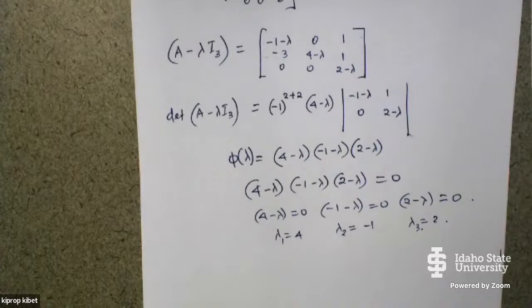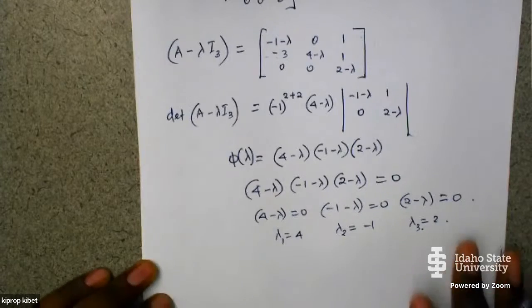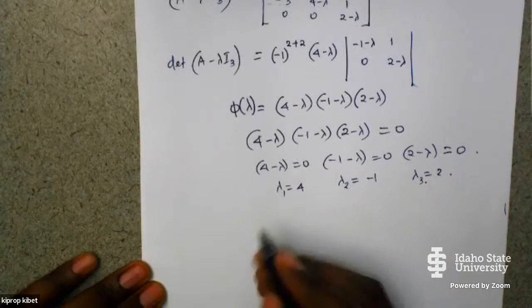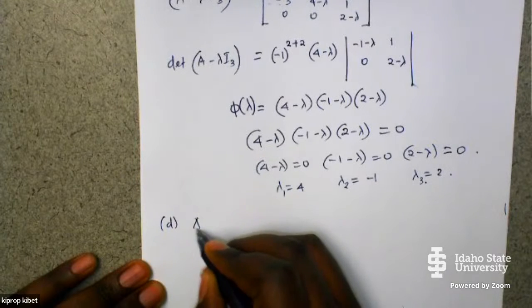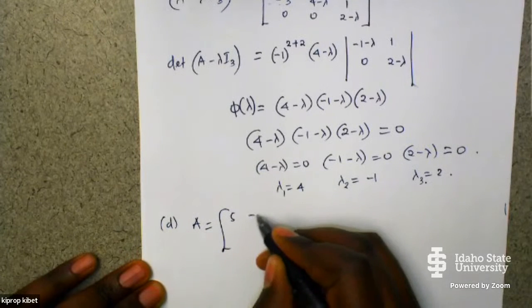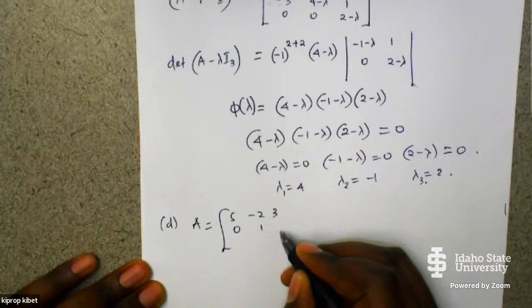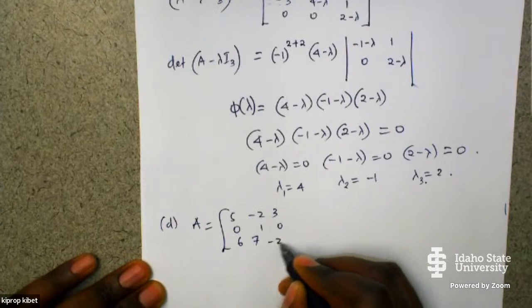Any question after? Okay, you go try this. Number D, A equals 5, -2, 3, 0, 1, 0, and then 6, 7, -2.